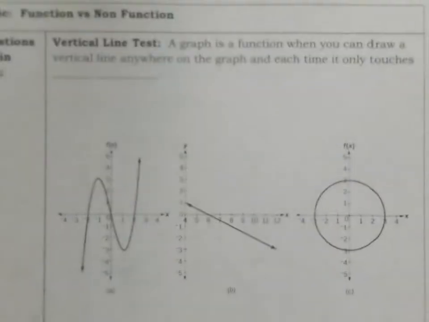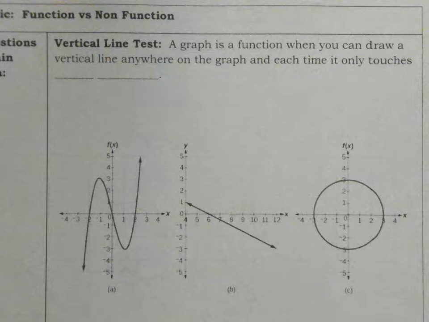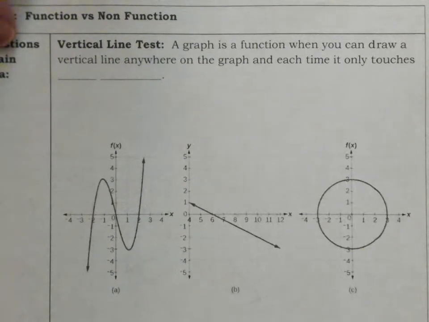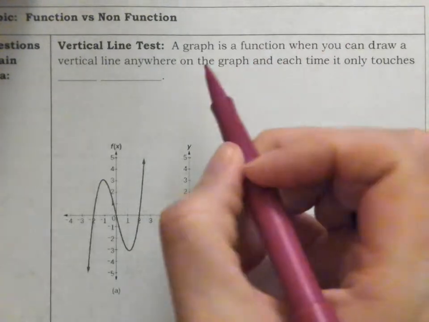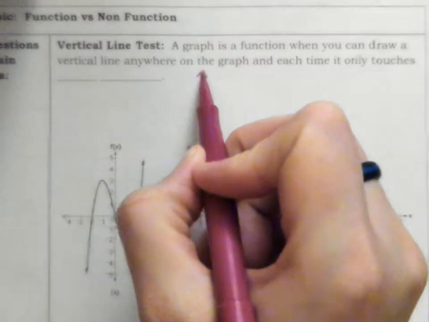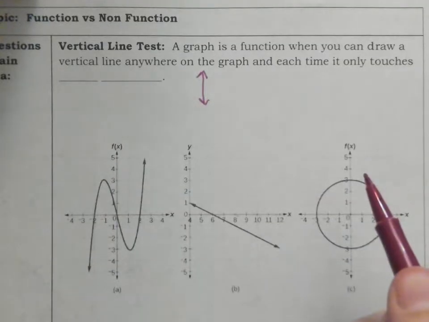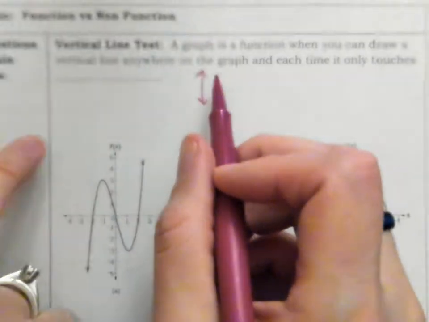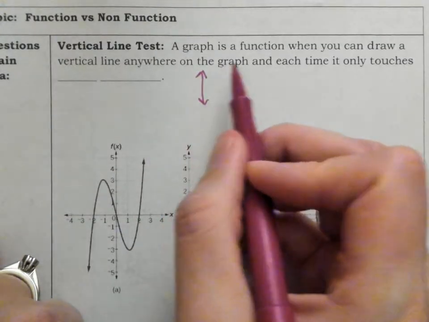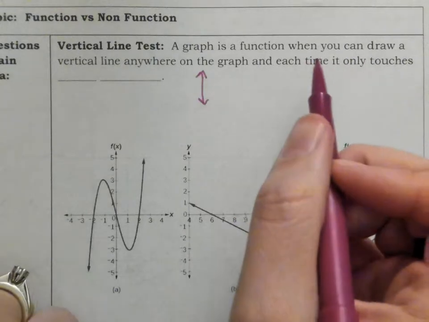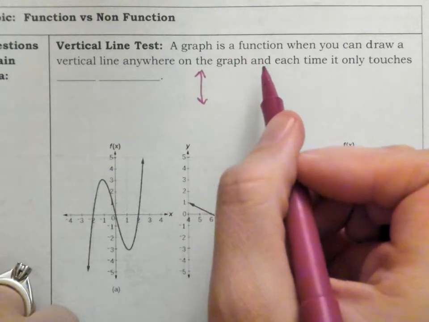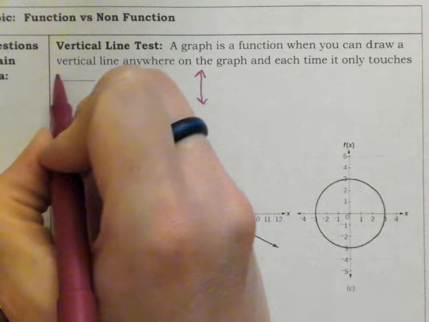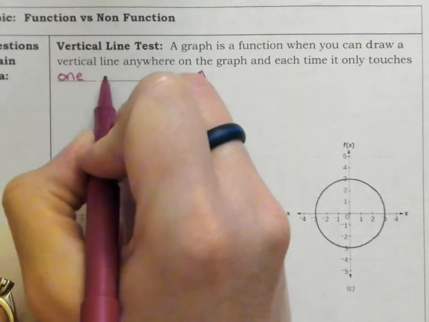Okay. When we look at graphs, we use what's called a vertical line test. Okay, so a vertical line looks like this. That's a vertical line. And the vertical line test says that a graph is a function when you can draw a vertical line anywhere on the graph, and each time it only touches one point.